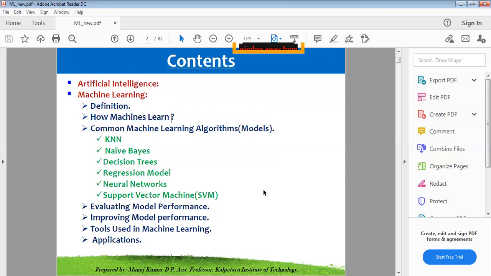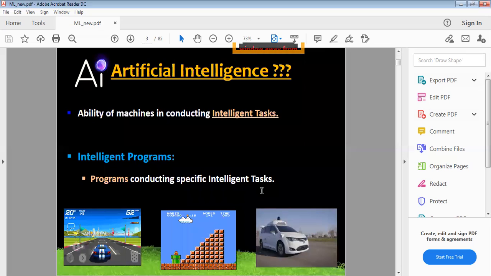So, what is artificial intelligence? It is the ability of a machine in conducting intelligent tasks. A best example is a game, or you can take a robot also. You have seen the movies Robo and Robo 2.0, right?